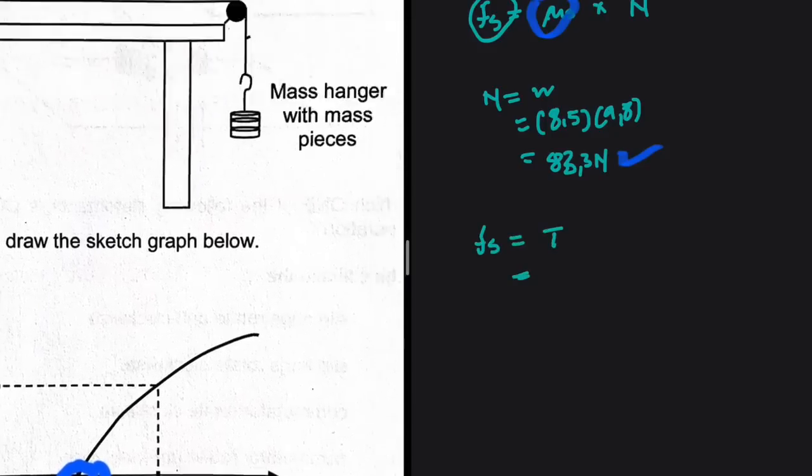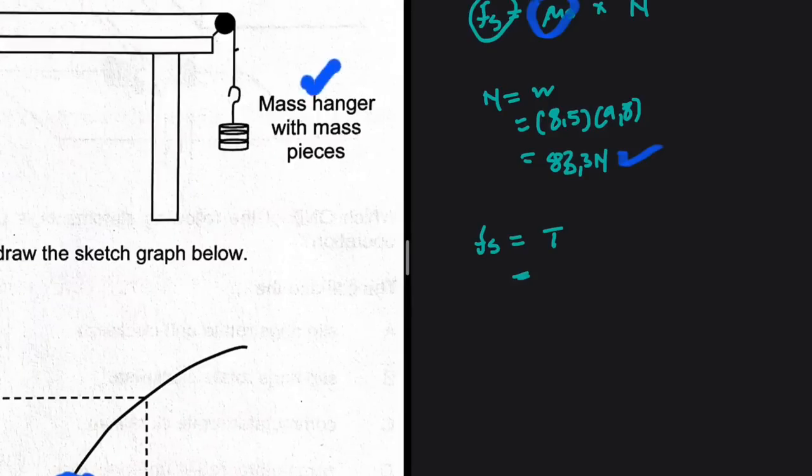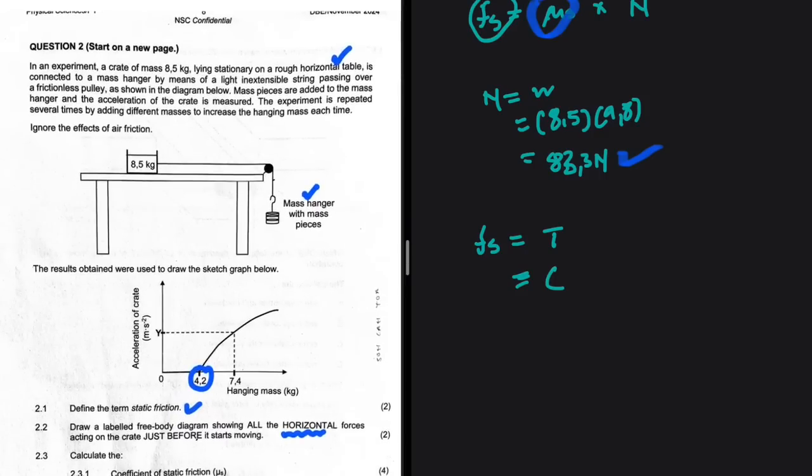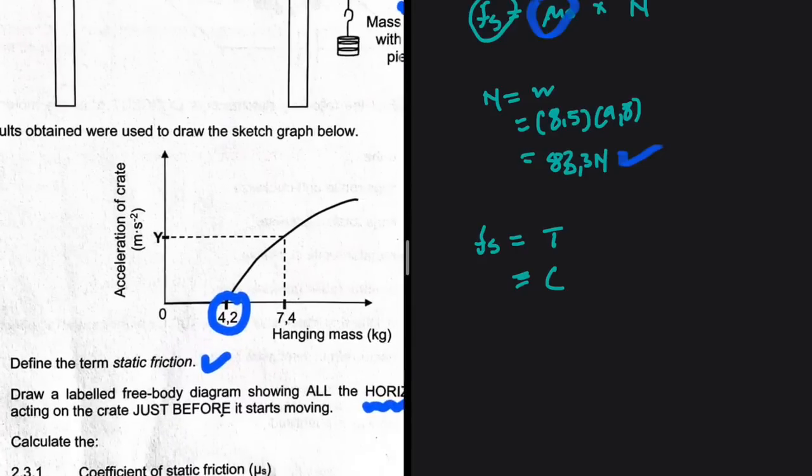But the tension on the mass hanger with the mass pieces is just equal to the weight of that object. So what is the mass of that thing? The mass is 4.2 when we start having an acceleration, and acceleration due to gravity is 9.8. So we have 4.2 multiplied by 9.8, which is equal to 41.16.